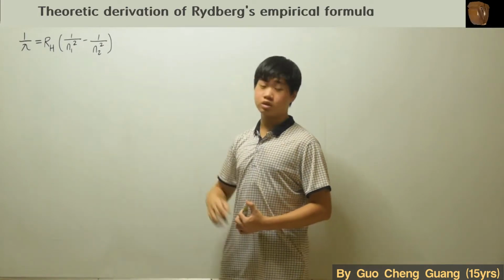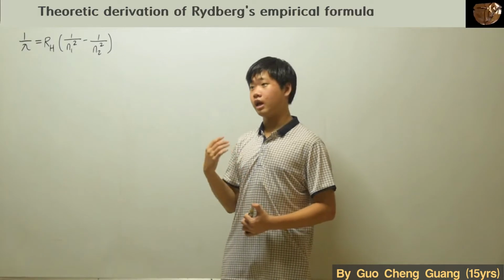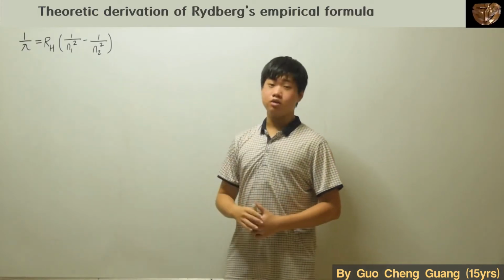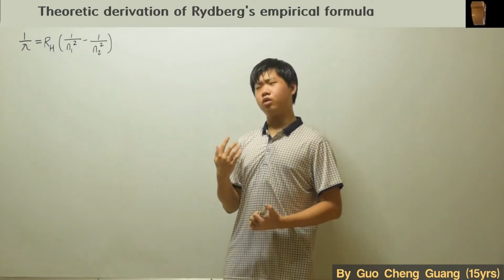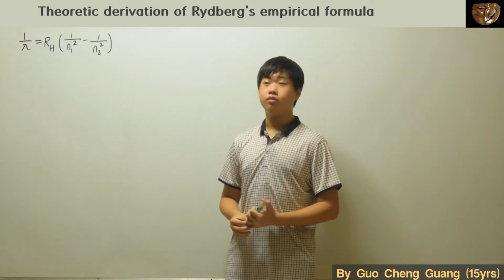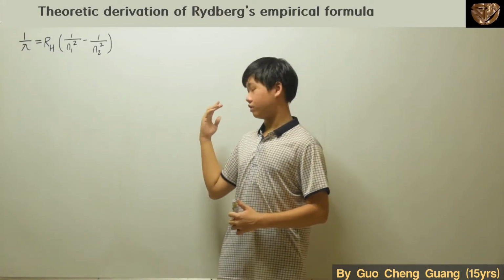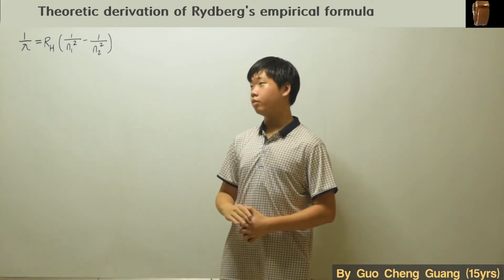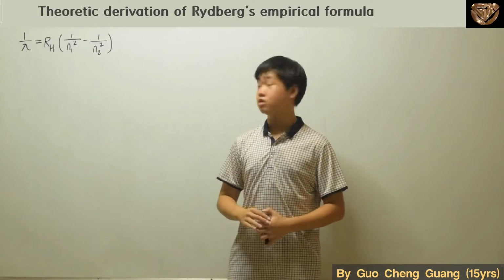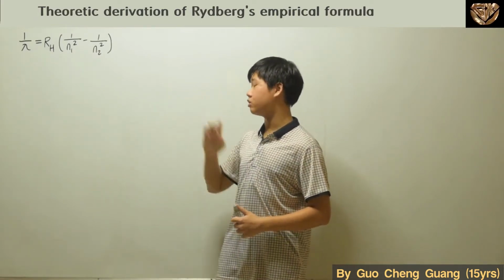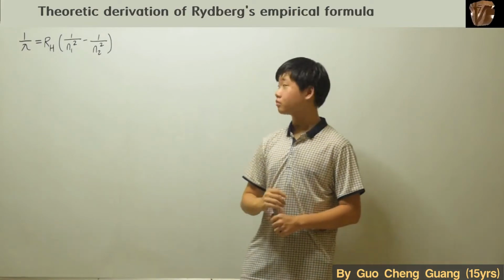This Rydberg's constant is what we can find out later. Then n1 and n2 are your so-called quantum numbers. It is pretty much which shell number it has, where you have other different calculations to find out exactly what the values of n1 and n2 are, alright?